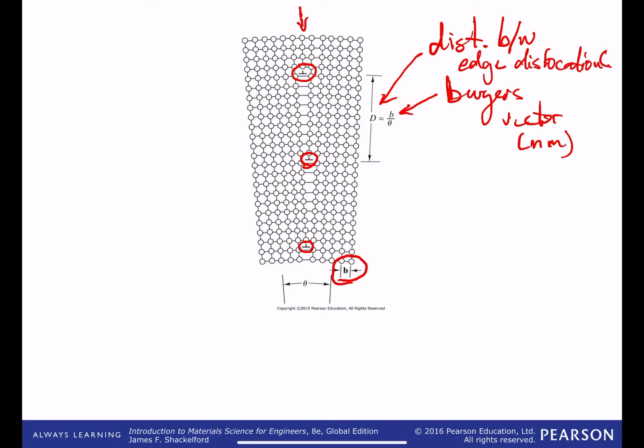And again, nanometers would be the result there, which means that our theta, the tilt angle between these crystallites, the angle at which they're offset from one another, would be in radians.